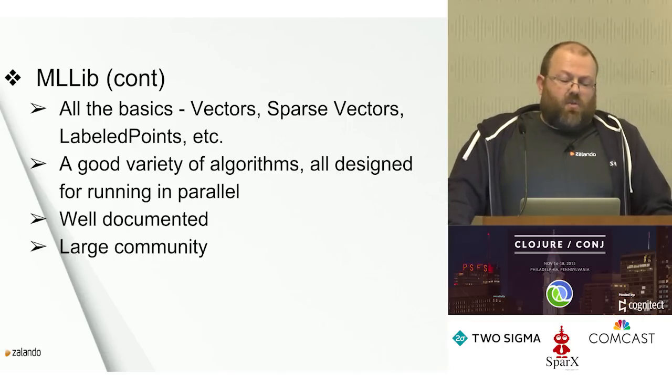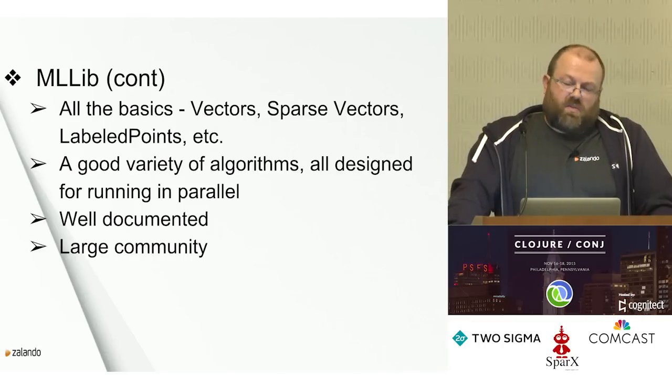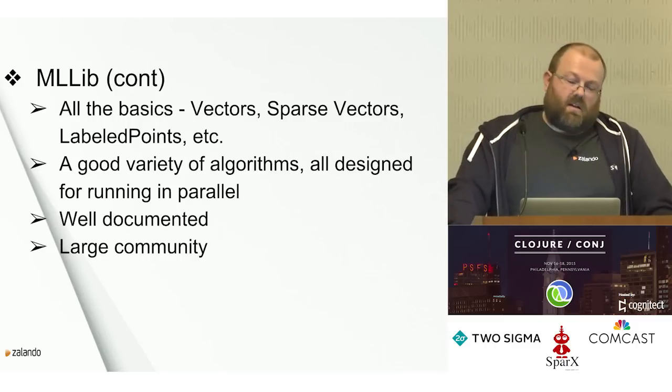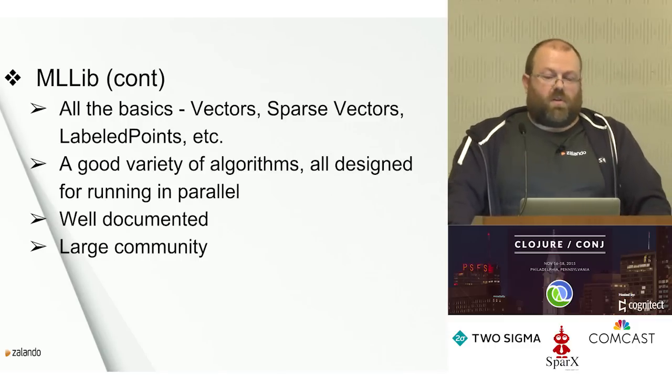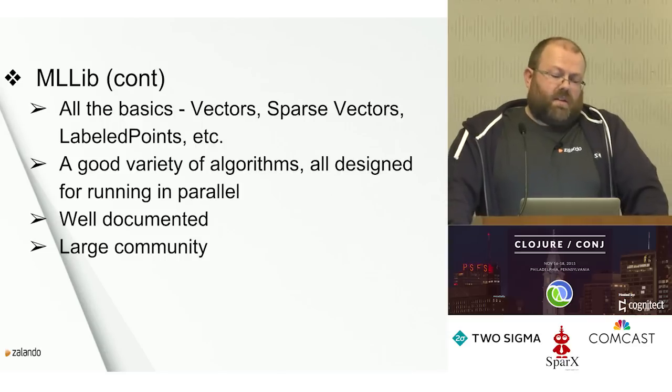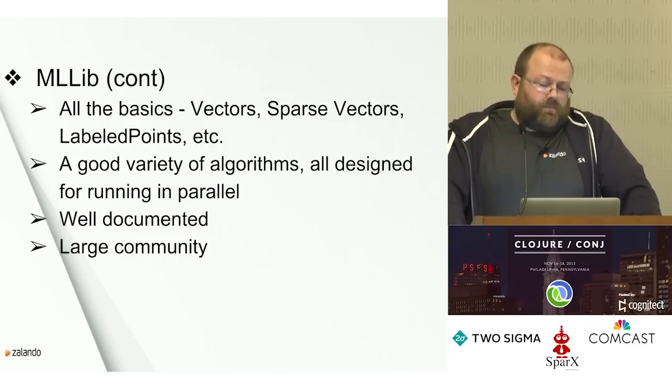MLlib contains all the basics: vectors, sparse vectors, matrices, sparse matrices, dense matrices, labeled points, so on and so forth. It has stuff on feature reduction, and it has a ton of stuff that's really, really good and worth looking at. It has a good variety of algorithms. They're all designed to run in parallel.